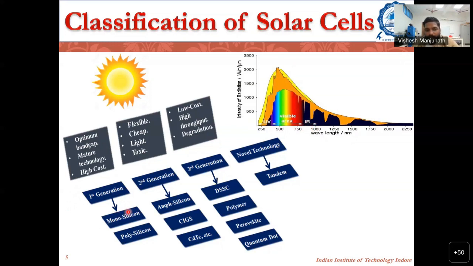Then, when they made all these and started getting efficiencies from silicon solar cells, they realized the cost is very high, because when you make single crystalline silicon, you follow a process called the Czochralski process, where the temperature required is huge, and it needs a continuous power supply.